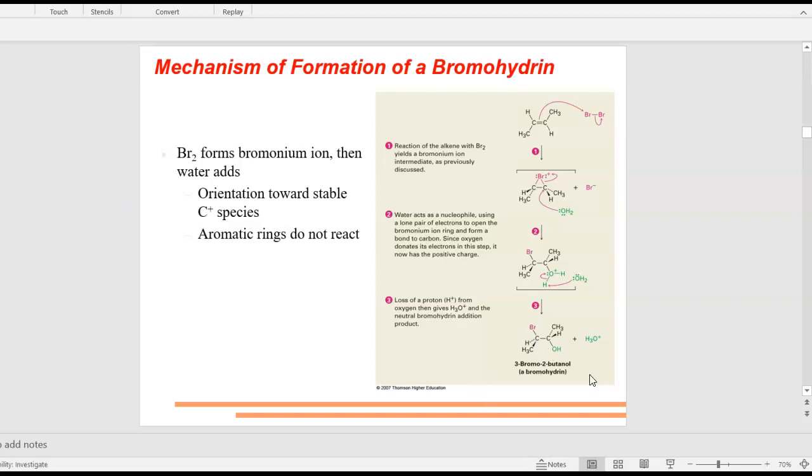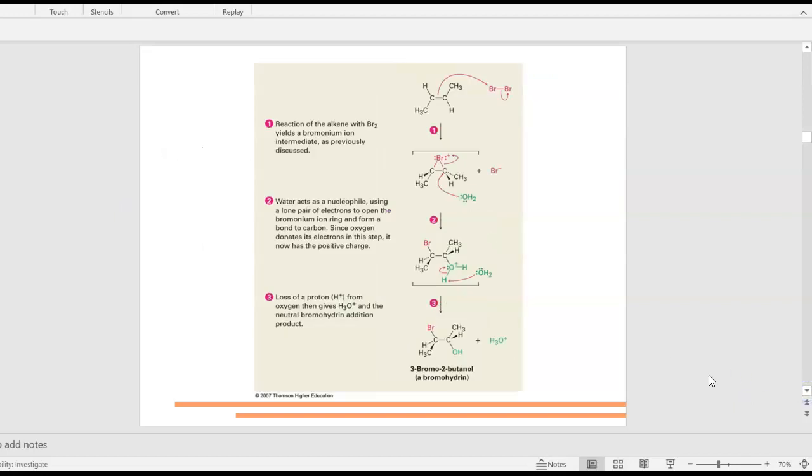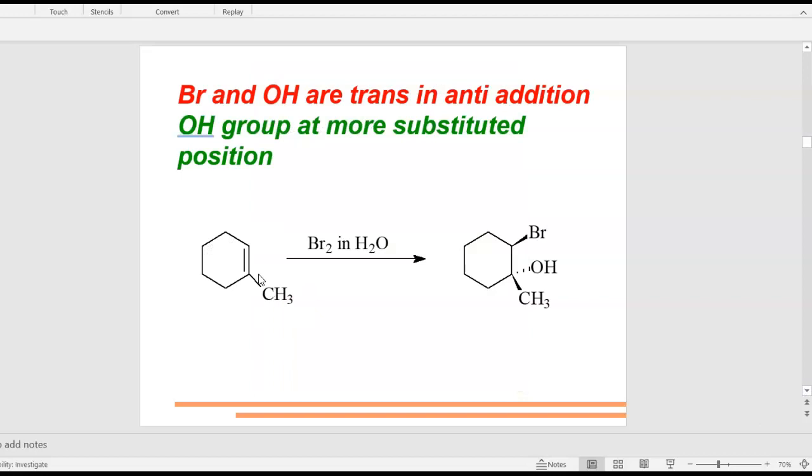Okay. Now, if you have an unsymmetrical alkene like this, it is important that you understand that the OH group, which is from the water molecule, always goes to the more substituted carbon, and the Br goes to the less substituted one. So Br and OH are always trans.